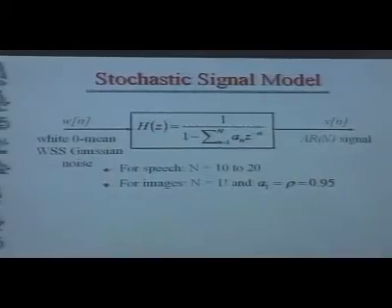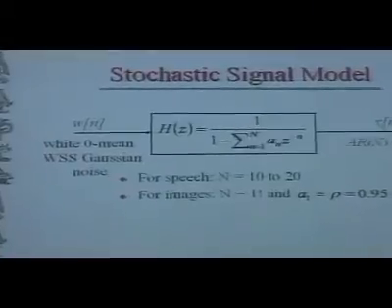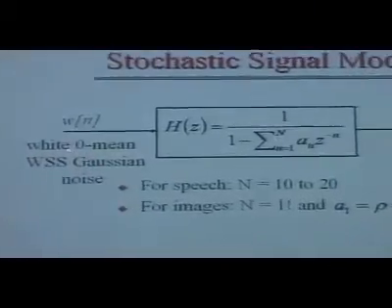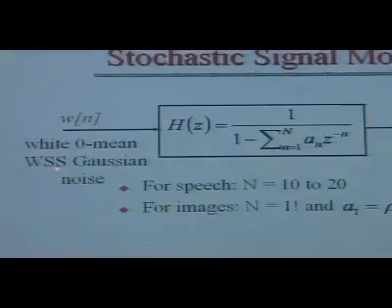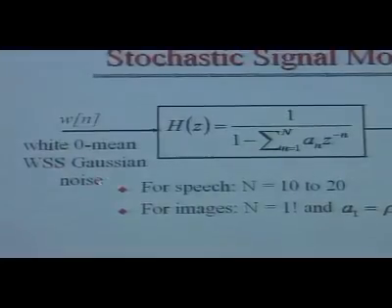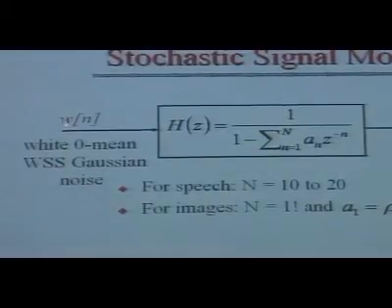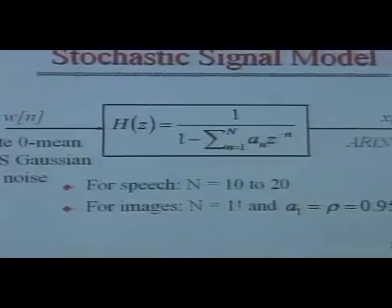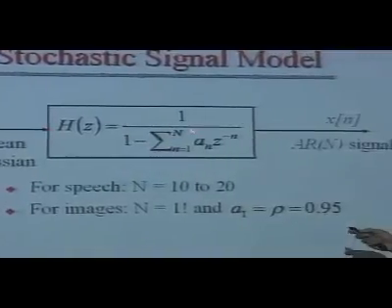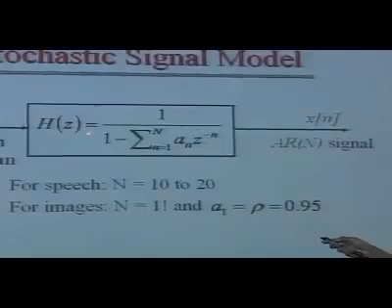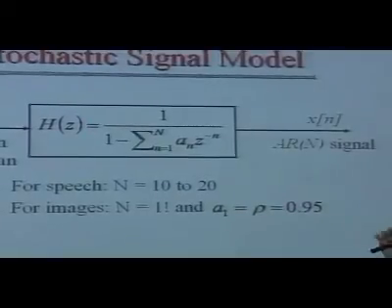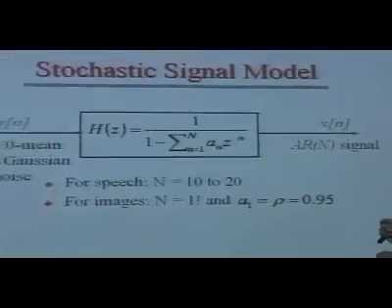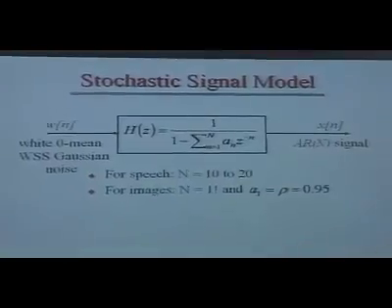What it means is just this: you take white, zero mean, wide-sense stationary Gaussian noise, which is W of n, and you feed it through a filter. This is a digital filter, right? You recognize this H. So you can do convolutions. However, this filter is interesting. This filter is not FIR. This filter is IIR. This filter has poles.